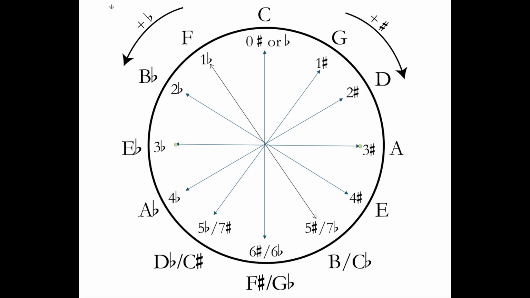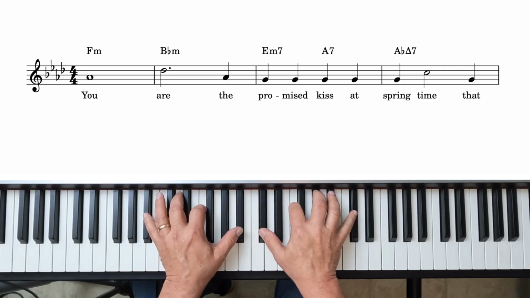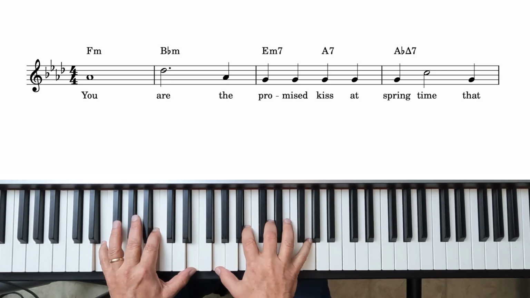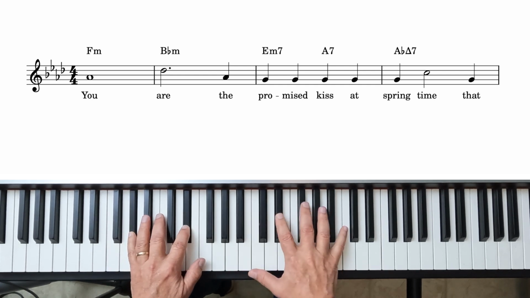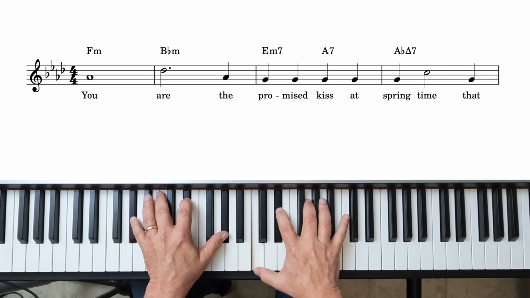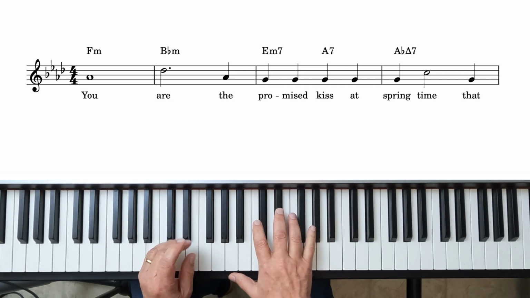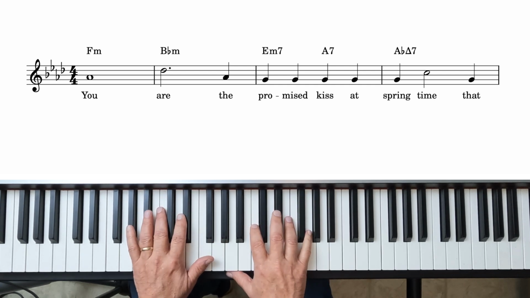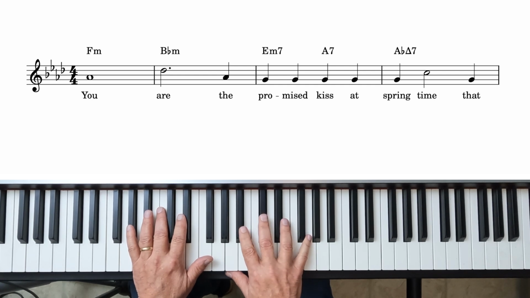And so we end up putting in an E minor or an E minor 7. That's pretty wild, isn't it? And so by using the circle of fifths, we have substituted 2 chords for the E flat 7.